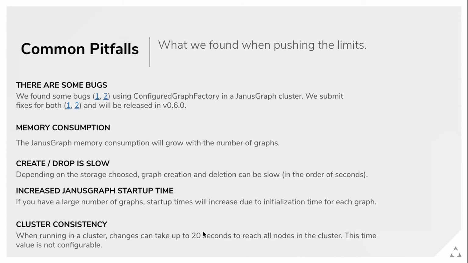And you need to be prepared, because if you have, for example, an API that is using the whole cluster, and you are issuing commands to one of the nodes while your application is using other nodes, you are going to see missing graphs or graphs that were already dropped. So you need to take that into account.